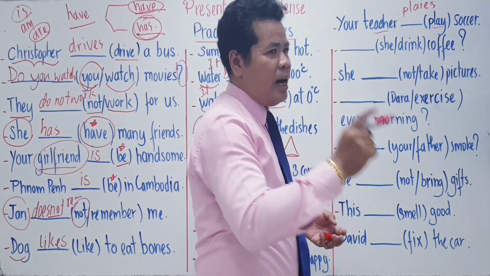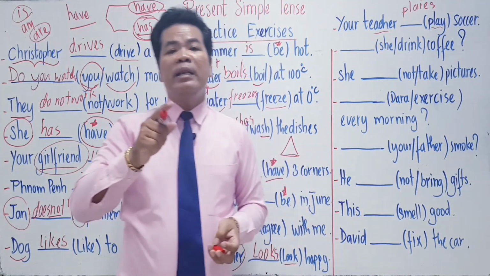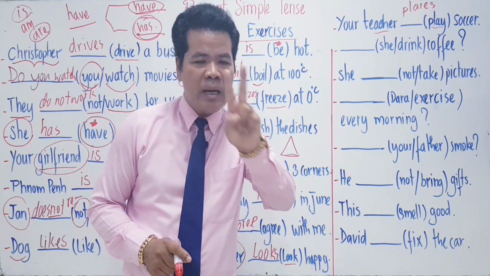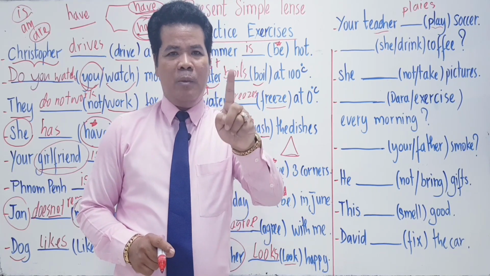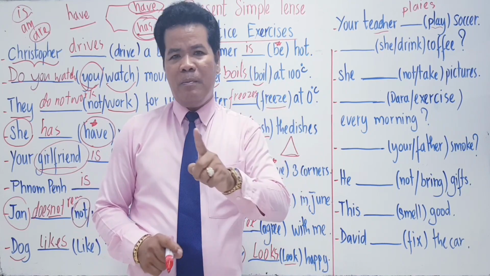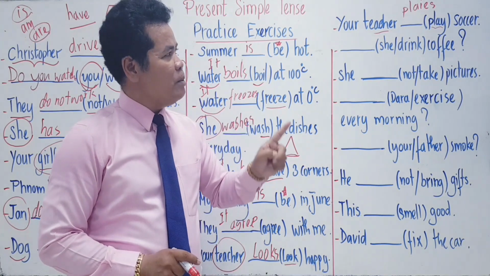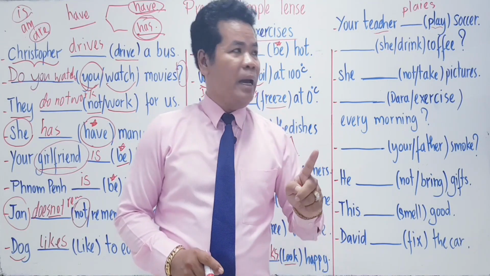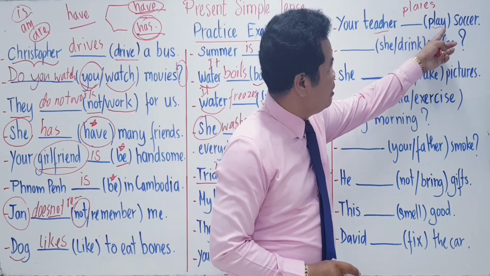The reason why we change Y to letter I is that we have two conditions. One, Y at the end of the verb. The other, Y preceded by a consonant. Now how about here?